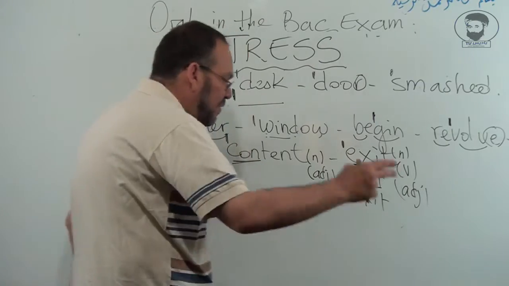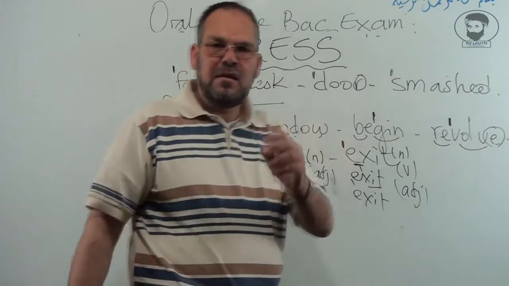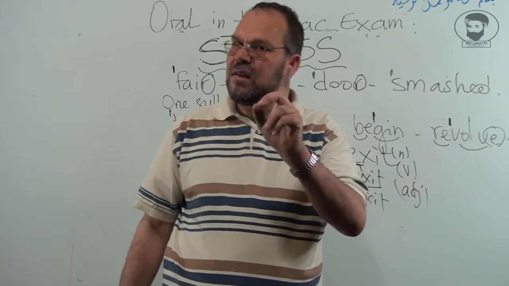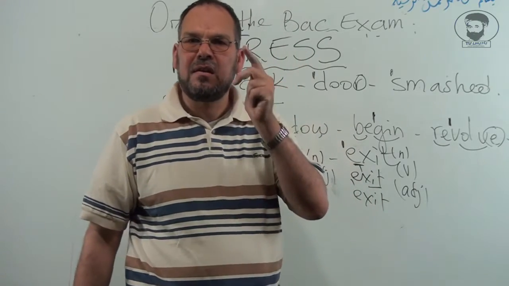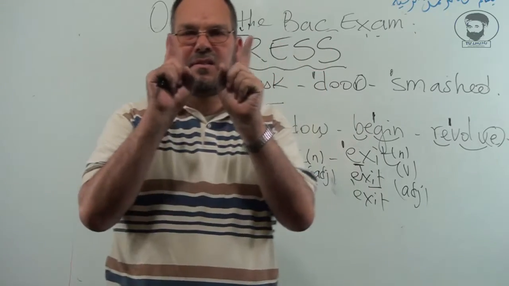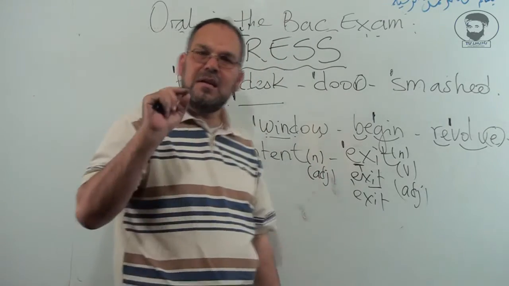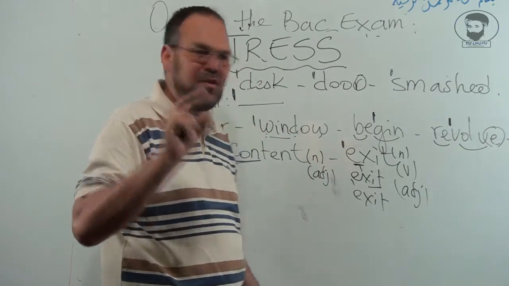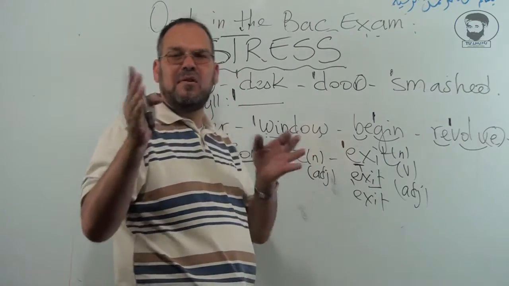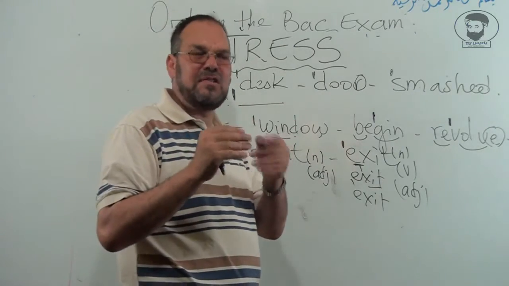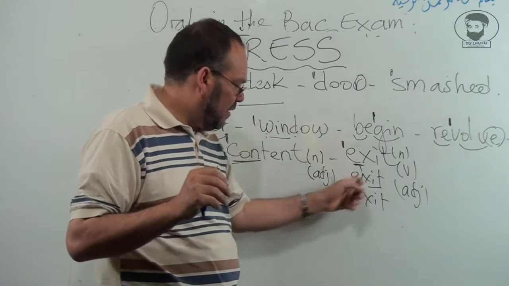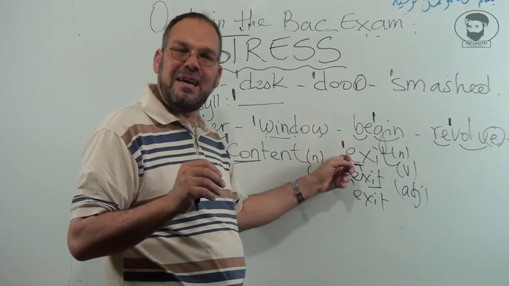Now, when you have two syllables in a word, this word can be a noun, an adjective, or a verb. Here there's something to put in your mind. When you have these kinds of words, the English people have set a rule to separate between the noun and the verb. For example, the noun, they say EXit.